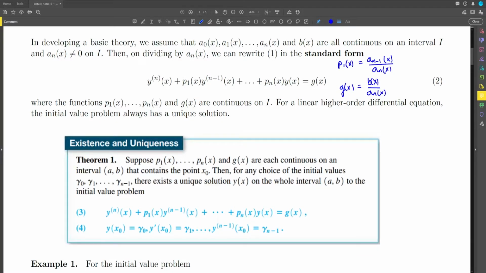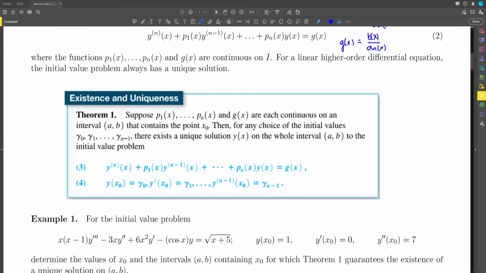So let's see how this existence and uniqueness theorem applies to a specific initial value problem.